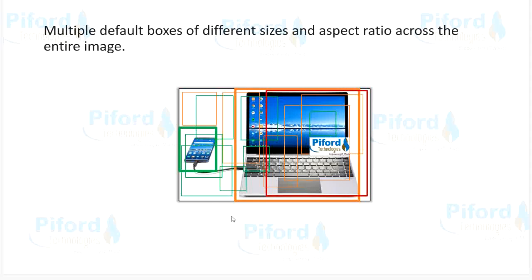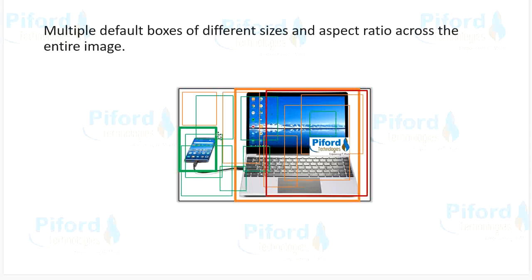The task of those convolutional layers is to check boxes of different aspect ratios at each location with different scales. In this image with ground truth boxes, the green ground truth box is for the mobile, and the orange ground truth box we have designed for the laptop.